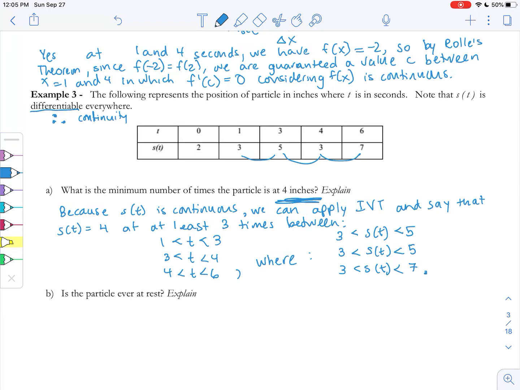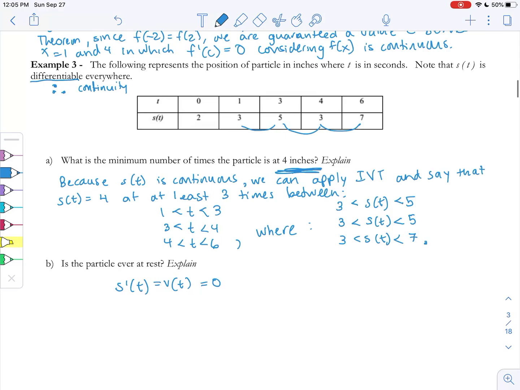So the next question is, is the particle ever at rest? If the particle is at rest, then we would picture that velocity, or s prime of t, is equal to 0. And that we know must occur because of Rolle's Theorem and the fact that we know that this function is continuous.